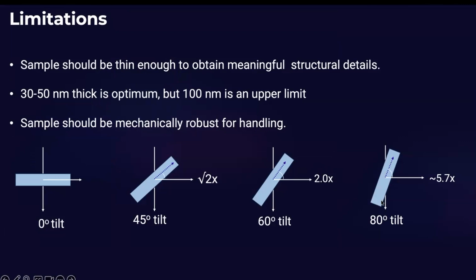Even if it's 100 nanometer, when it is tilted around 80 degrees, it will be almost 600 nanometer. It is really challenging to focus and find the correct balance and reconstruction.